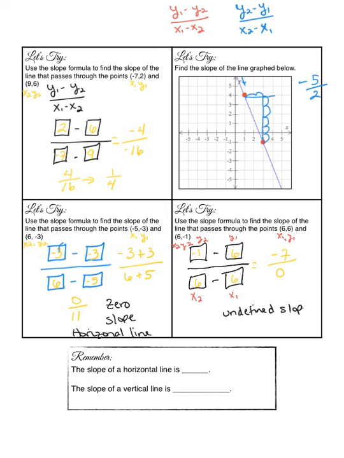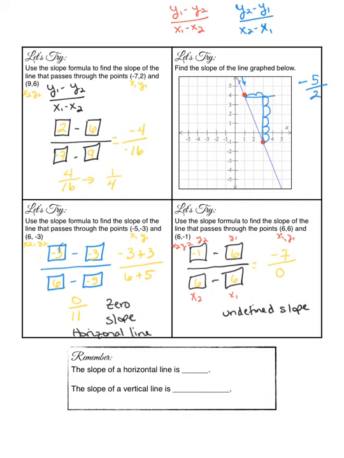I'm going to give you a hint. If you're not sure if 0 divided by 11 is a 0 slope or an undefined slope, plug it into a calculator. When you divide 0 by 11, your answer is 0. That tells you, oh, it's a 0 slope. When you divide anything by 0, your calculator is going to give you an error.